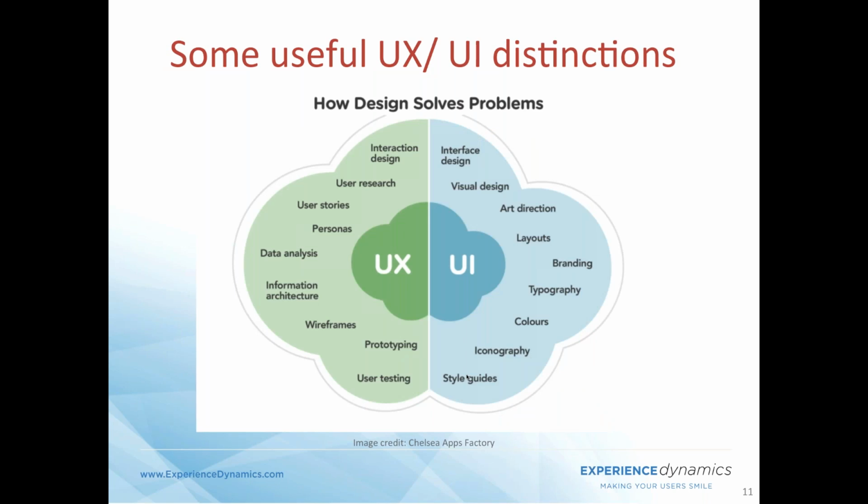So some useful distinctions here of UX and UI, right? There are lots of these nice images out there too, but the main point is that UI comes from visual design, graphic design. It's about colors, it's about look and feel, iconography, branding.